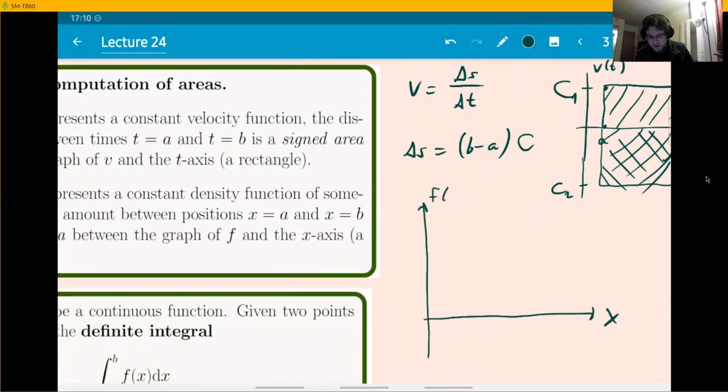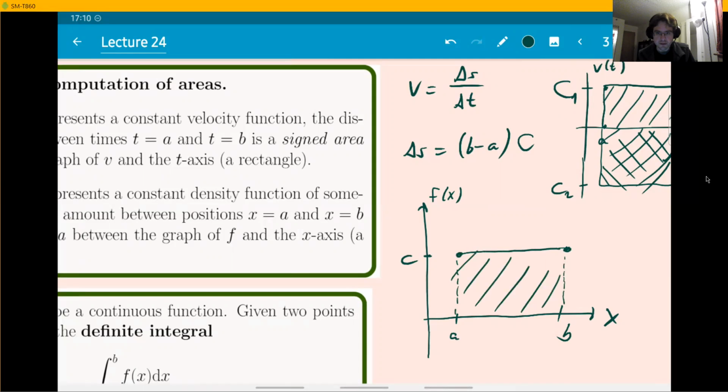And f of x is the density of, I say electrons or charged particles because this is something that could be positive or negative, the density of charge along that line. It could be a positive or negative number. If we call that c, then once again, between a and b, the total charge contained in that interval should be, once again, the area under the curve.